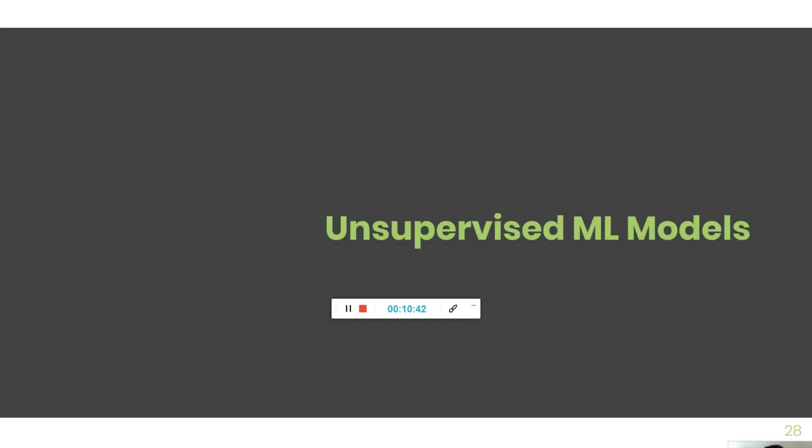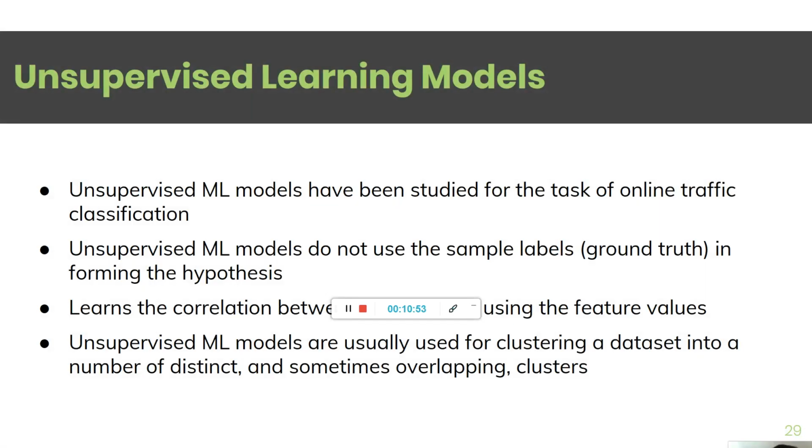In our project, we investigated the use of unsupervised machine learning models in the network identification or classification problem. Unsupervised machine learning models do not require the labels that we have in our dataset.